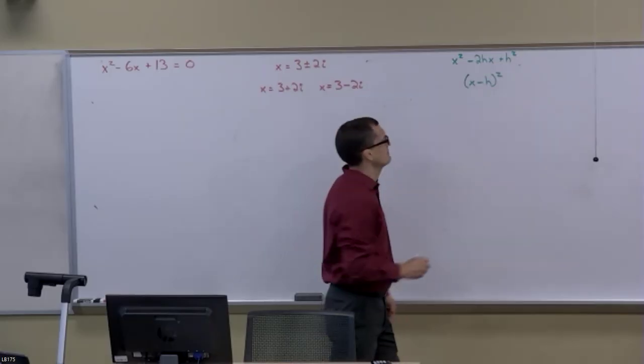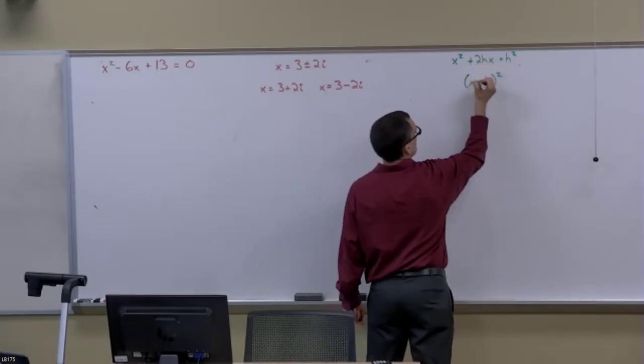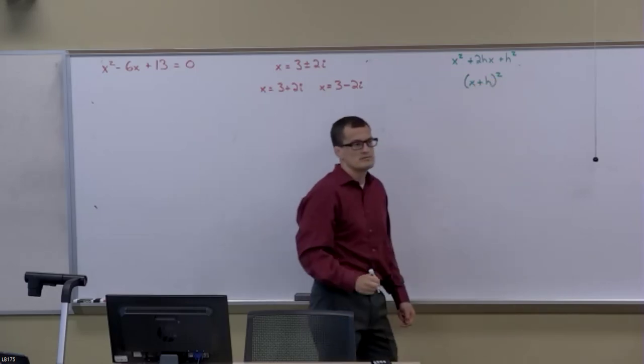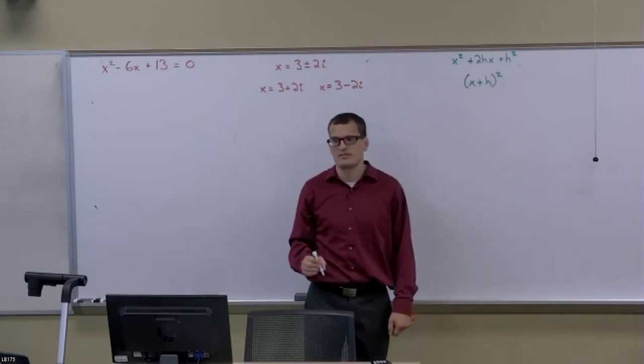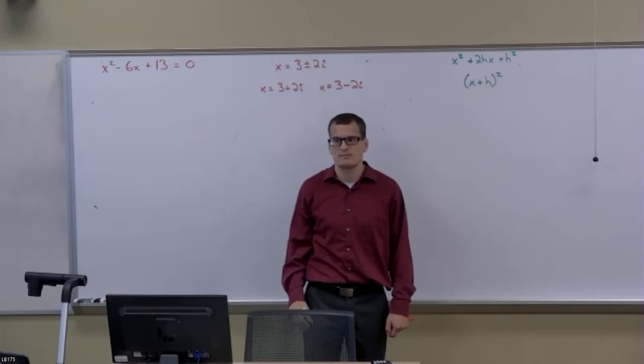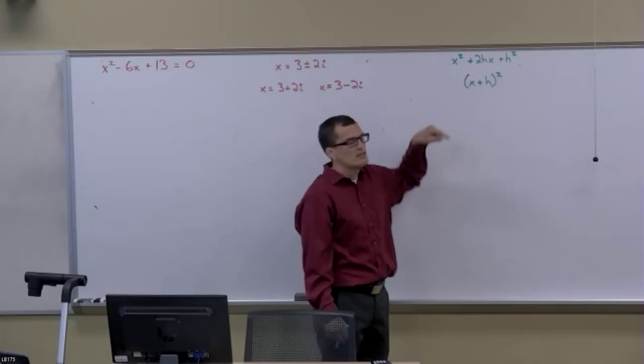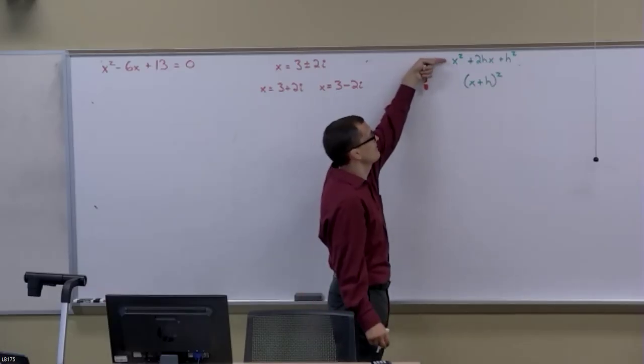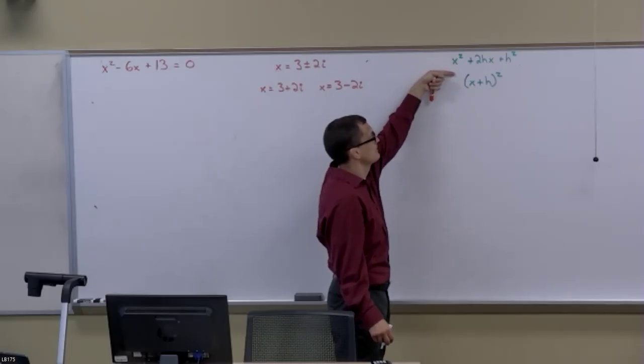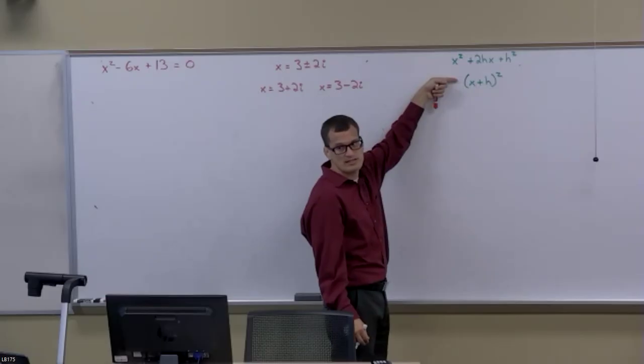A lot of times people will say, I don't want to deal with the negatives, so let's just put a positive in there. So people write it that way too. So if I can get my left-hand side to look like this, then I know I can rewrite it to look like this.